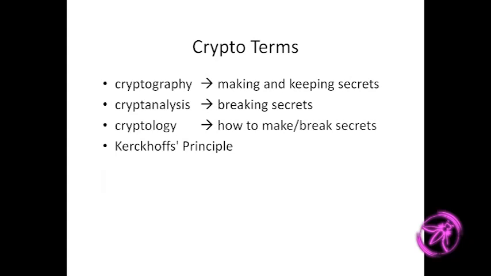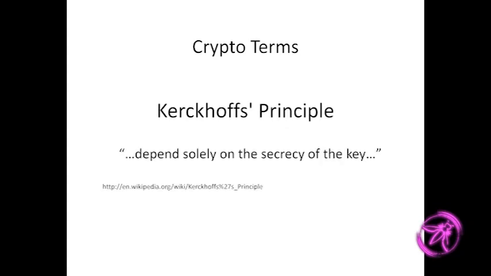A really important idea is Kirchhoff's principle. Kirchhoff's principle is very important in cryptography. It's pretty much a cryptographic concept. And it means to build systems and make an assumption, something that's called Kirchhoff's assumption, that you should depend solely upon the secrecy of the key, the cryptographic key that's protecting your data.